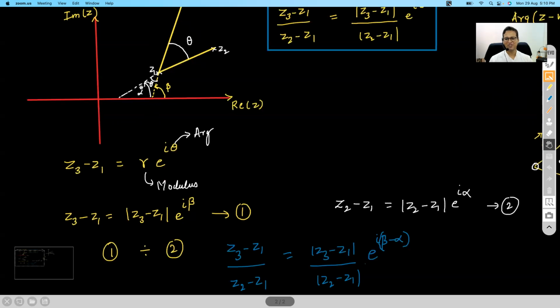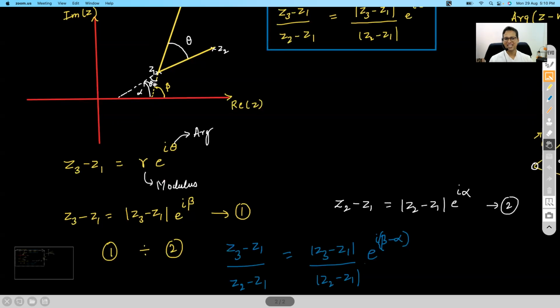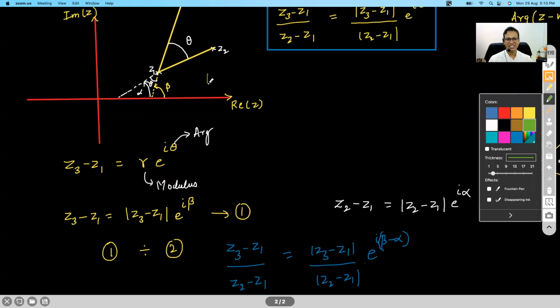Beta minus alpha. Can I say that will be theta itself, isn't it? Because beta is the opposite exterior angle, correct? So opposite exterior angle is equal to the sum of the two interior angles, isn't it?